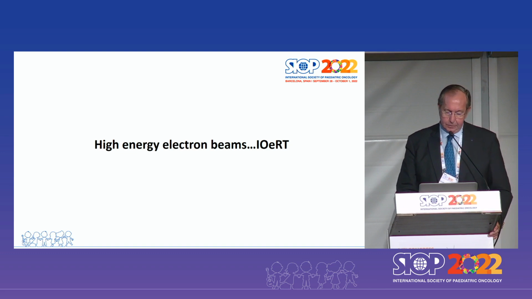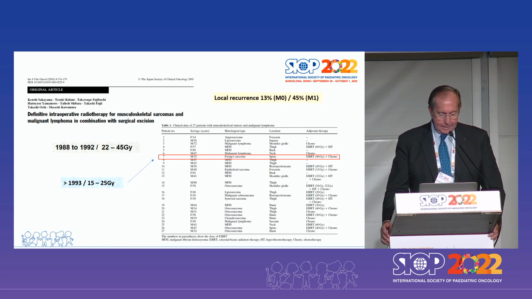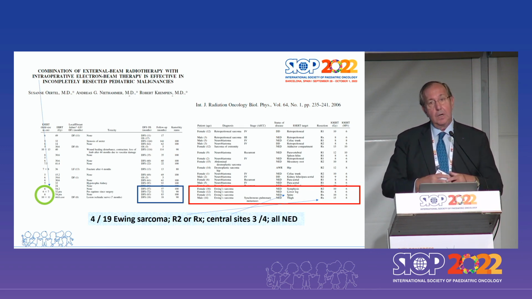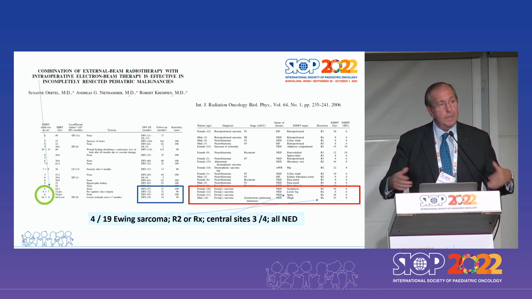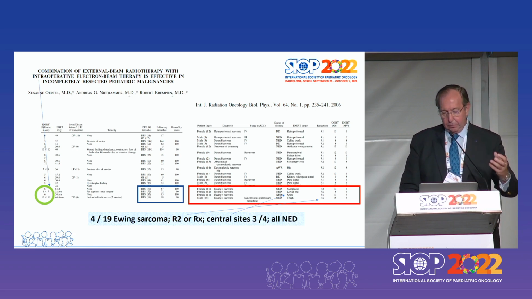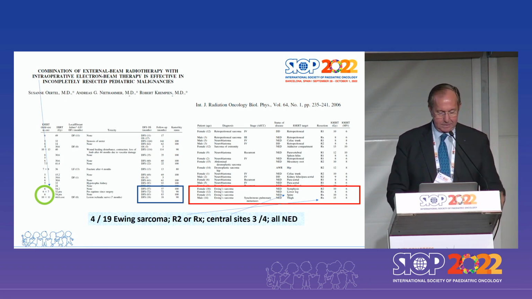High energy electron beams is my area. It has been used for many, many years. I have here a collection of data. What I want to call your attention to is that most of the Ewing sarcoma patients that have been reported are part of a large cohort of pediatric patients with sarcoma, and it's difficult to look at the specific results using intraoperative radiotherapy.